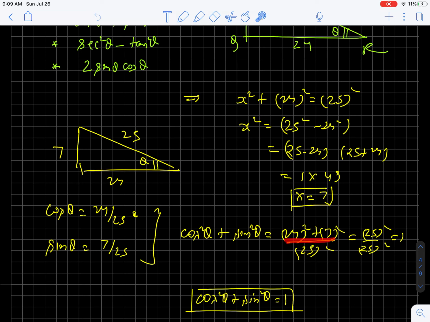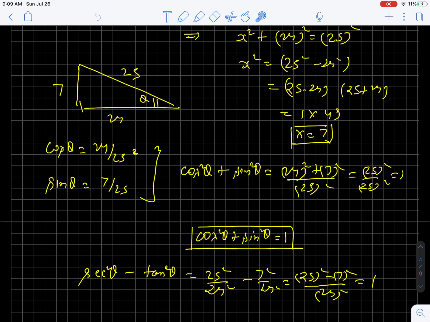If you solve the values, denominator is 25 square and numerator is 24 square plus 7 square, that is also 25 square. 25 square divided by 25 square equal to 1. That means for this triangle, cos square theta plus sin square theta equal to 1. Later on, we will check that this relation will hold for all types of right triangles having an acute angle. Okay, cos square theta plus sin square theta equal to 1.